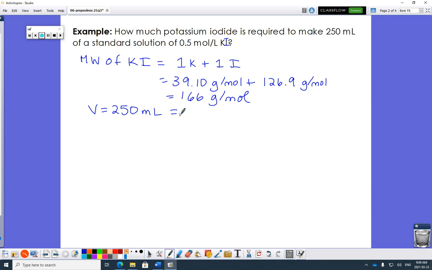That's fine. You can just write the answer. Maybe you want to show your work. It's kind of up to you, okay? Changing milliliters to liters is going to be something that we do often in both this class and grade 12. And then we're given concentration.